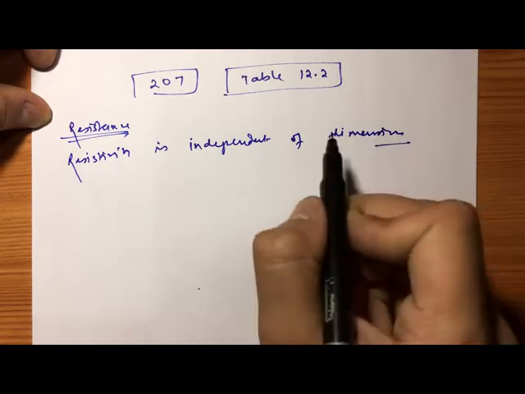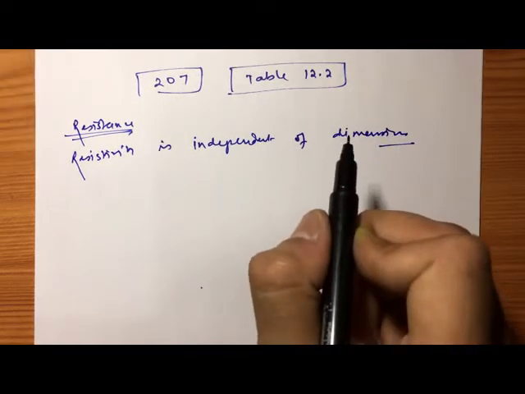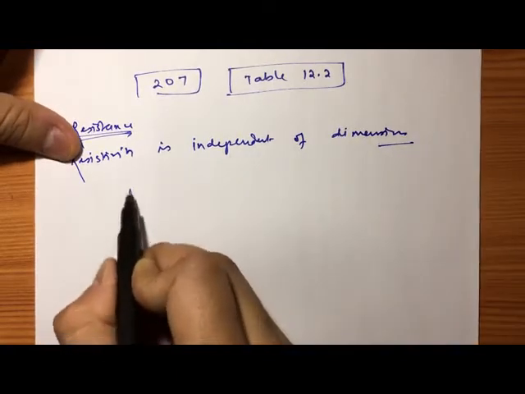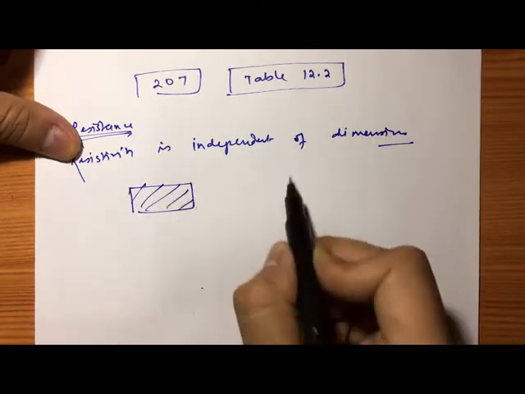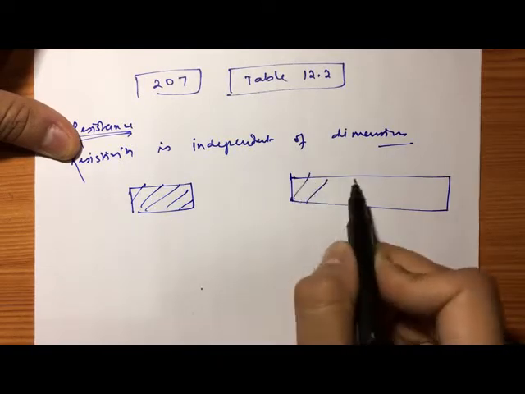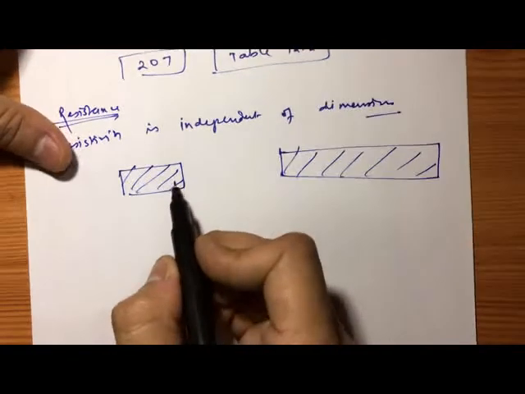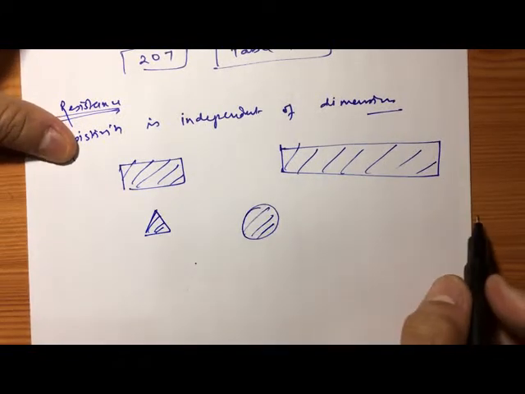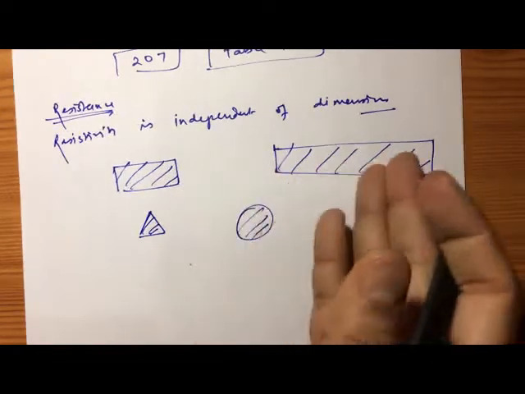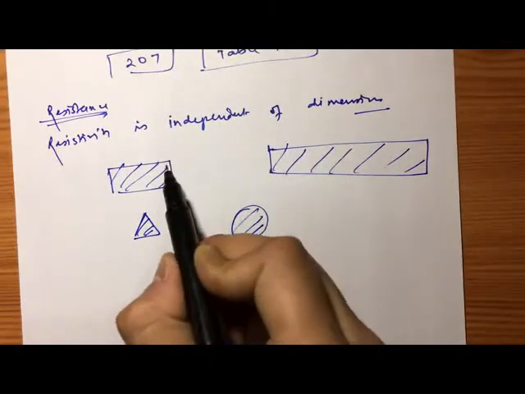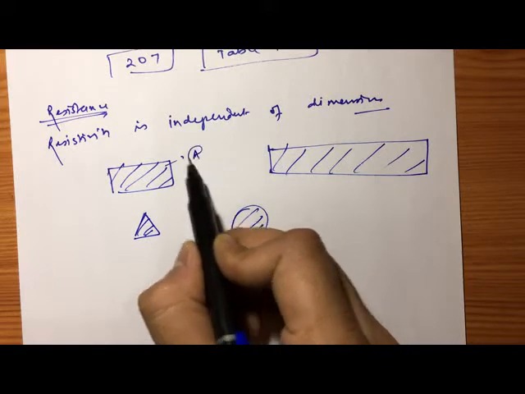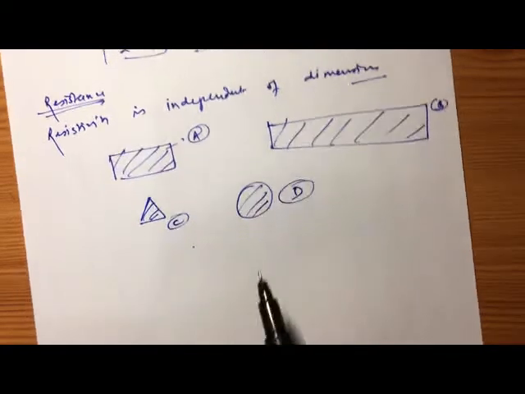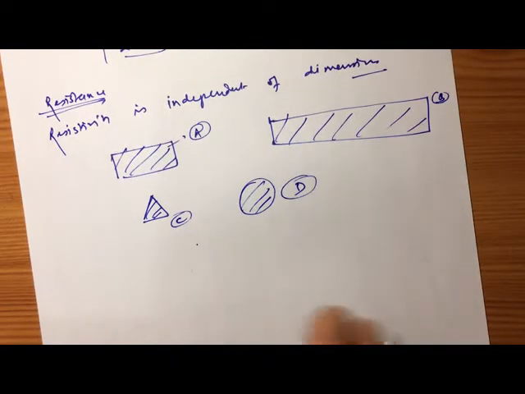Suppose that I am having two cases. Why two? Why only two? I can consider many cases. Okay, but the thing is that every conductor is made up of iron. Suppose that it is my conductor A, conductor B, conductor C, conductor D. Everything is made up of iron.